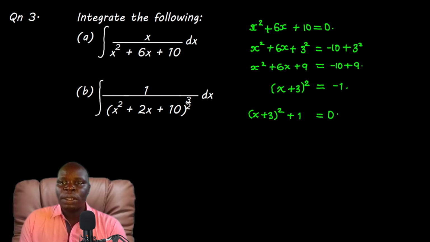So remember, this 0 was not part of our working. We just brought it here to make our computation easy, so we can ignore it, and we're only interested in this term here, that is (x plus 3) squared plus 1.